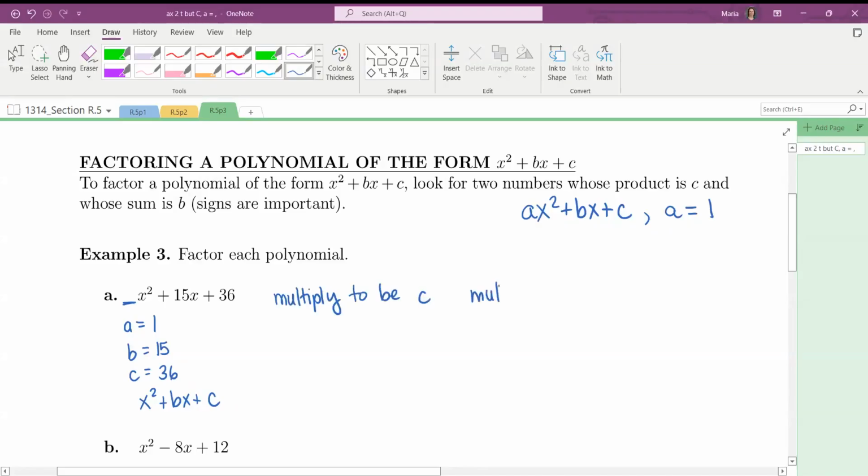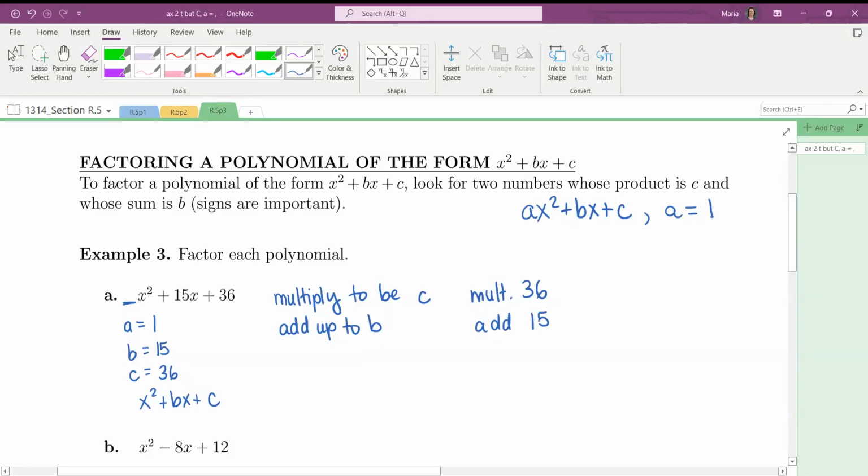Here we need two numbers that multiply to be 36, positive 36, because the c value is positive. The other thing we need this pair of numbers to do is add up to b, the number in front of x. Here we need our numbers to add to be positive 15.